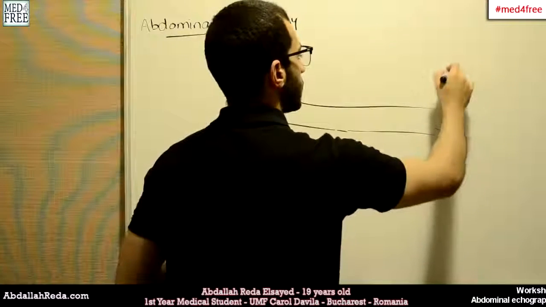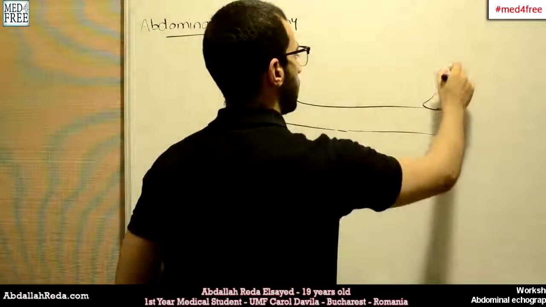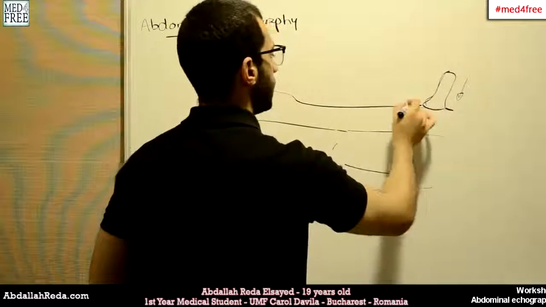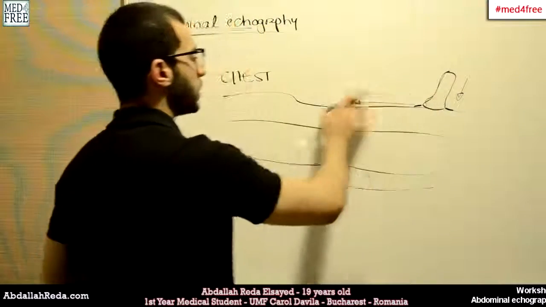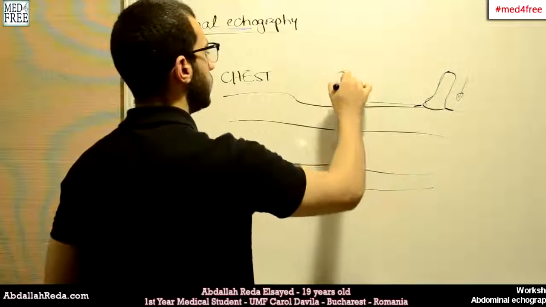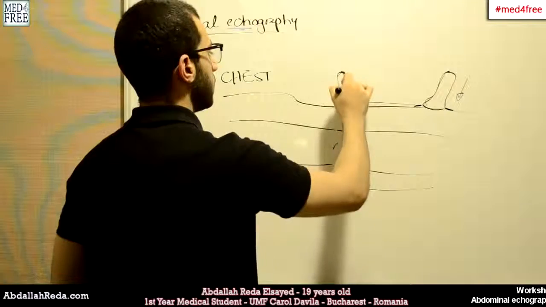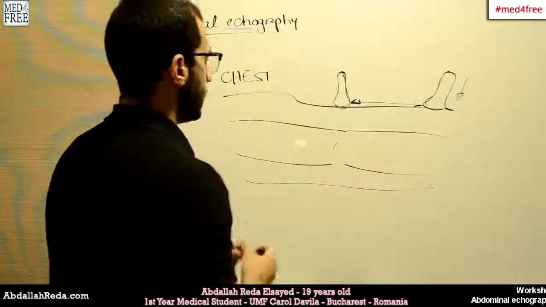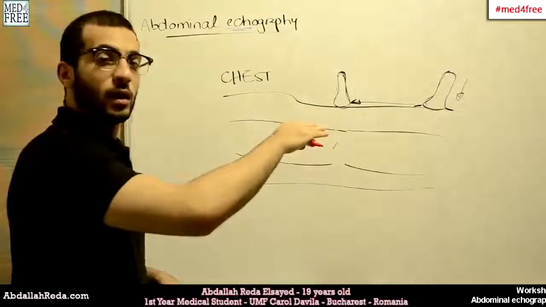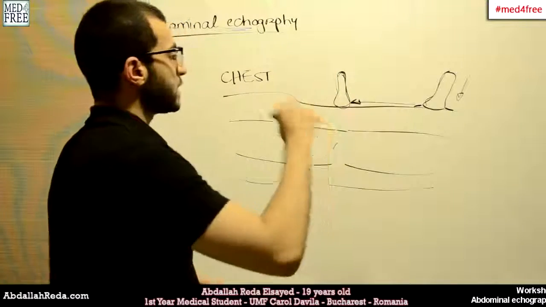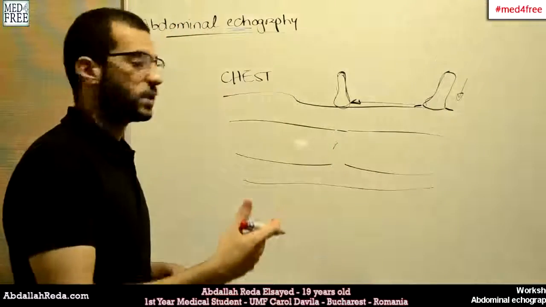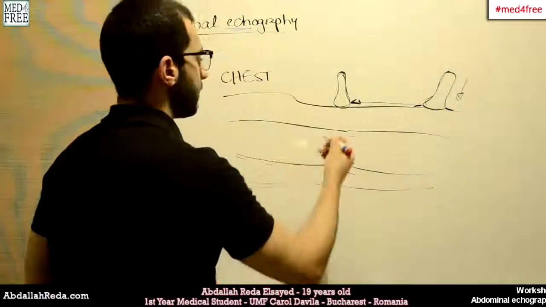So you start by putting the probe in an inclined manner with the gel, and then you move the probe towards the area that you need to scan, and then you put the probe in a vertical manner like this, and again there has to be enough gel to decrease the areas in which there is no contact between the probe and the skin, for the efficiency of the sonogram.